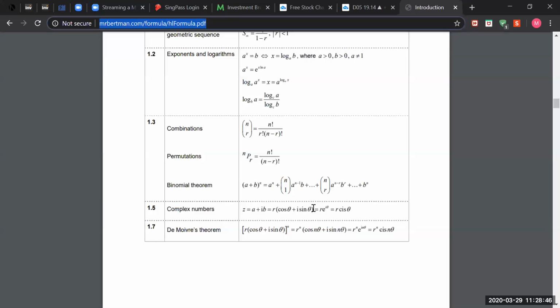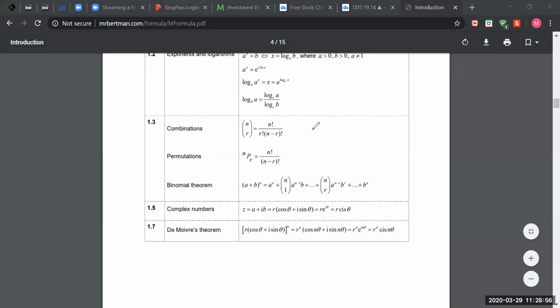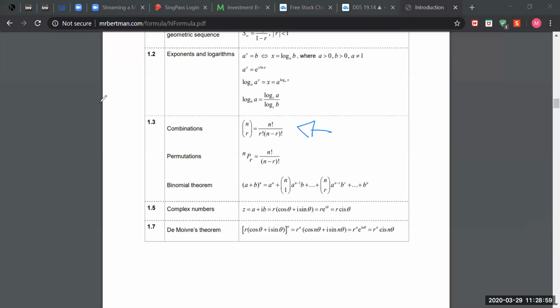Can you hear me? Yeah, okay. So this is the formula over here. Can you see this formula? Yeah. Okay. So I'm going to go back to the question.